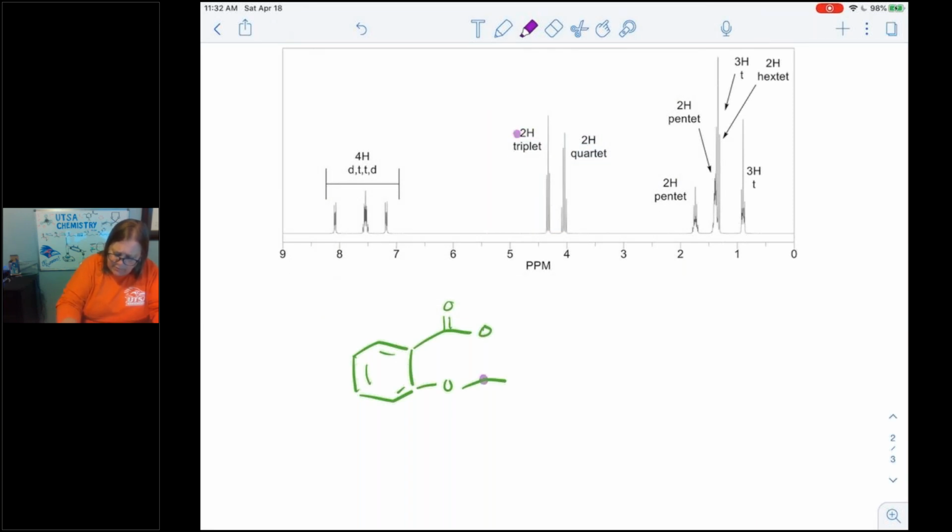It's going to be fairly downfield because it's next to the oxygen atom, probably that one. And then I know that this CH3 is going to be a quartet. I'm sorry, it's going to be a triplet, not a quartet. It doesn't matter whether you call it this one or this one, but we're going to find out later it's most likely this one because of its proximity to the oxygen atom.